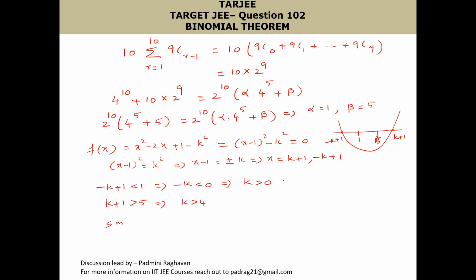So combining these two conditions, we get k needs to be greater than 4. That means when k is greater than 4, this quadratic equation will have 1 comma 5 lying between the two roots of the equation. But they have asked the smallest positive integer value of k. So integer value of k is greater than 4. So the smallest positive integer value of k is equal to 5.